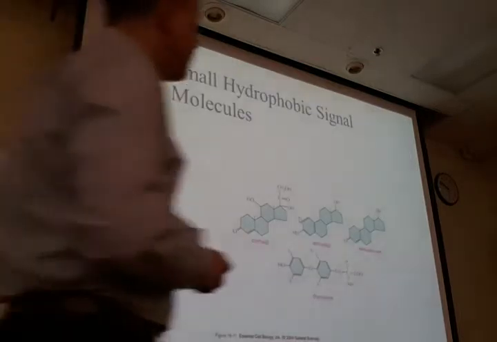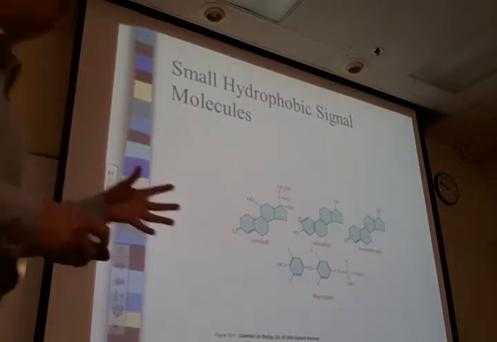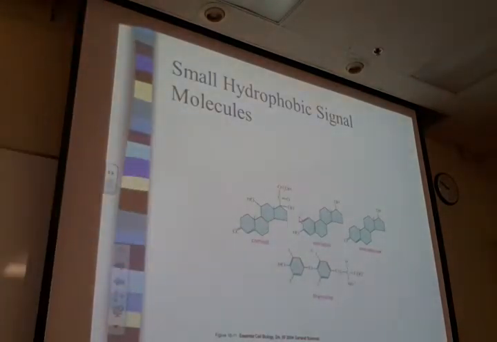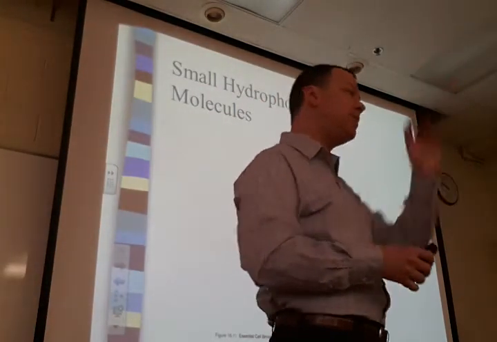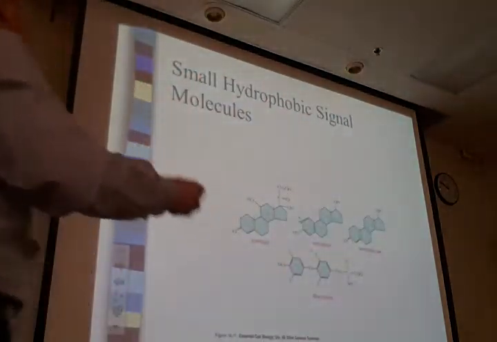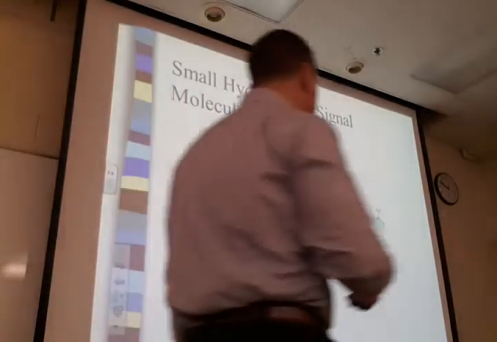And then very quickly, the last thing I wanted to mention are signals that are lipid-based. So far we've been looking at signals that have either been proteins in the membrane or secreted molecules that were hydrophilic, that couldn't cross the membrane, that had to have the receptor stuck in the membrane of the target cell. But we've seen that whole other category of signal molecules that are lipid-based, often cholesterol-based, the steroid hormones.